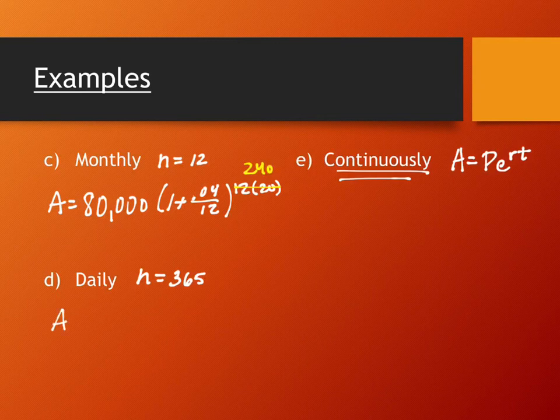On the daily, the same thing. We'd have 80,000, 1 plus 0.04, but it's divided by 365, raised to the 365 times my 20. I don't have that one written down. 730. I think that makes it a 730 as a value on top, I think.